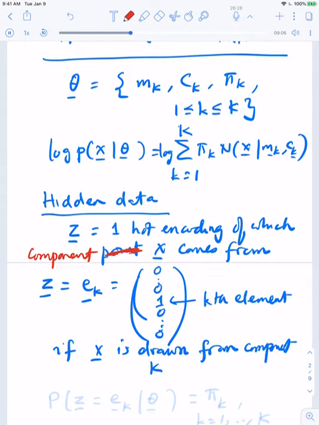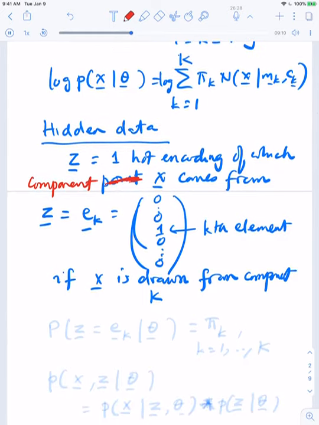And of course, I know from my mixture model that the probability that Z is equal to e_k given the parameters of the mixture is simply equal to pi_k, for k equals 1 through K.